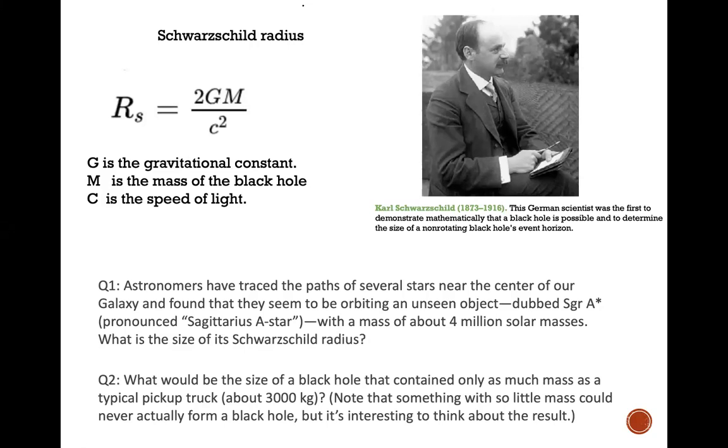The first question is about Sagittarius A. Astronomers have traced the path of several stars near the center of our galaxy and found that they seem to be orbiting an unseen object. We will discuss further about detecting black holes with this Sagittarius A. What has happened is that close to the center of our galaxy, astronomers have detected a few stars rotating around a particular object that should have 4 million solar masses, but astronomers have not detected it at that particular time.